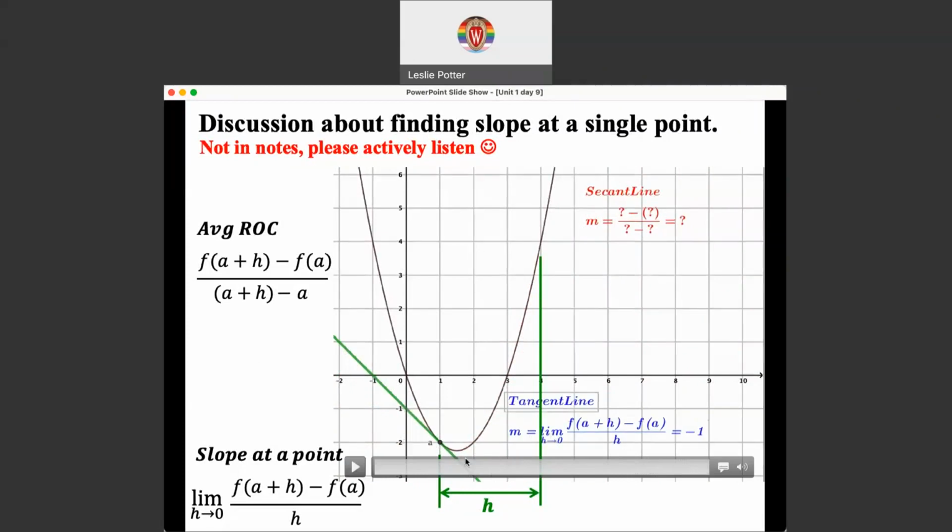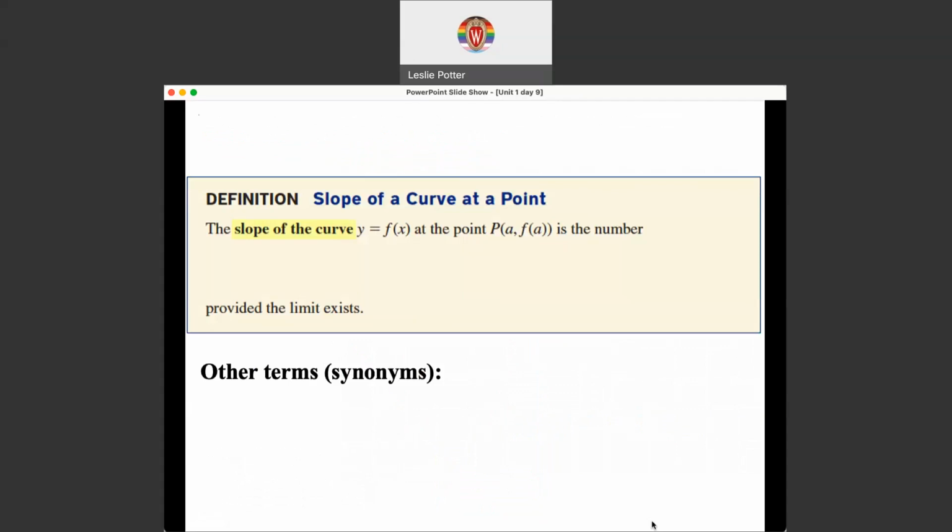So the slope at location A of the tangent line, we've changed the terminology of that line because it's now only touching the curve in 1 point. It's now a tangent line, and the slope of that line is -1. We're going to go through this limit process with the function and show this algebraically that it turns out to be -1. We're going to do that on the next screen.